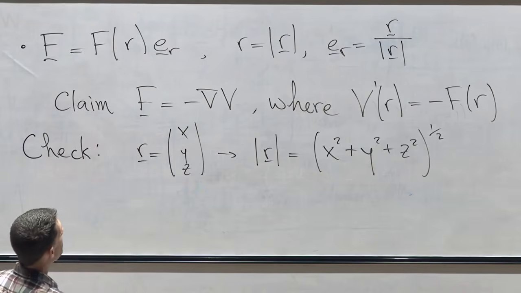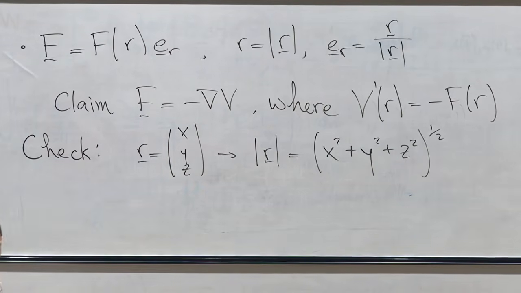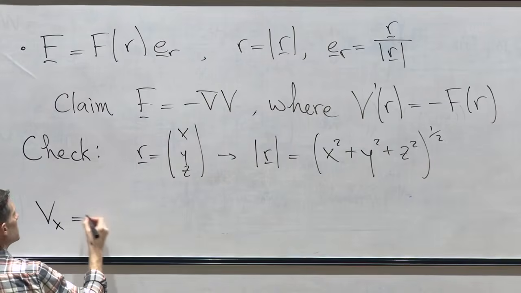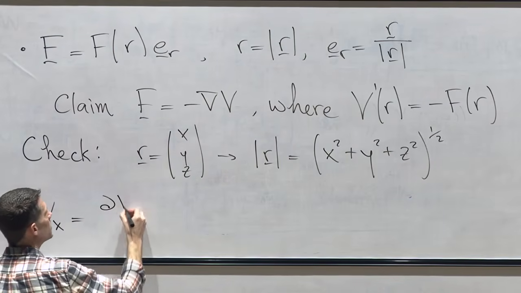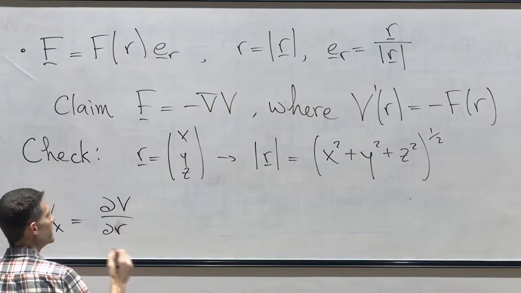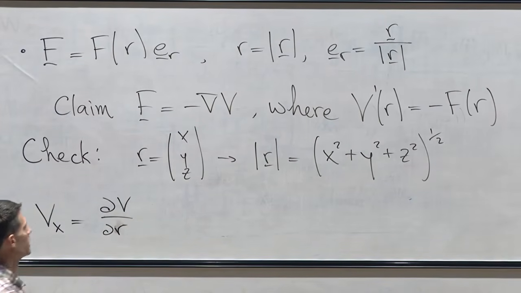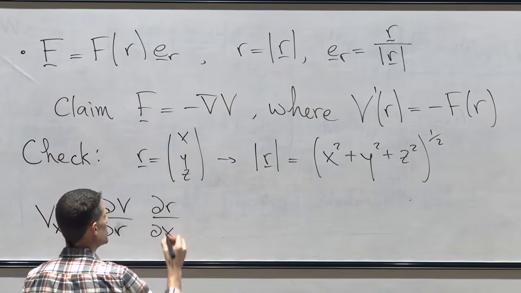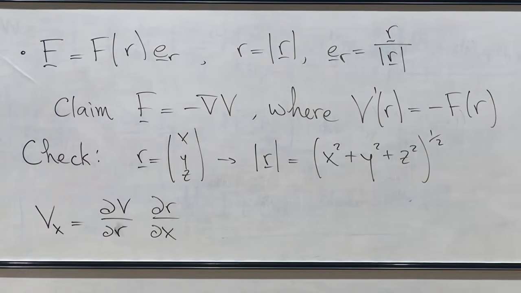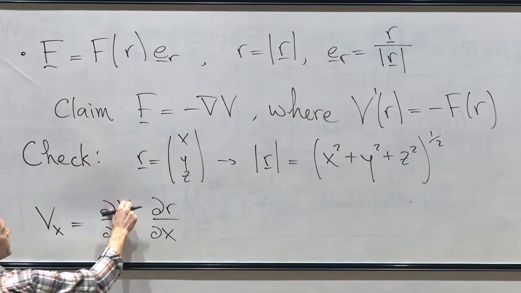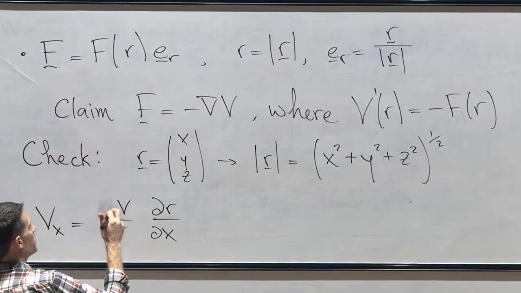Well, in grad V, there's of course dV/dx. So if we just think about dV/dx, that's dV/dr, since V is a function of r, times dr/dx. dV/dr is V prime, which is minus F of r. In fact, that's not even a partial derivative.